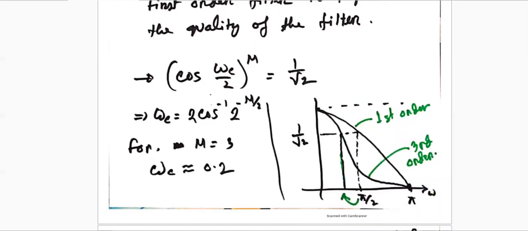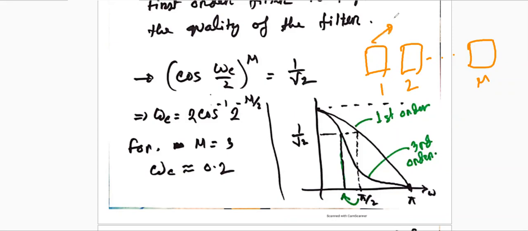So if you cascade m number of low pass filters, 1, 2, up to m, for each and every filter, of course, the amplitude depends on cos(omega by 2) for the cutoff omega c by 2. So you have multiplied those things m times.